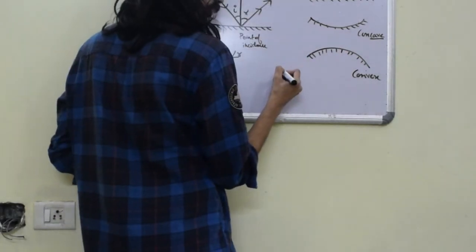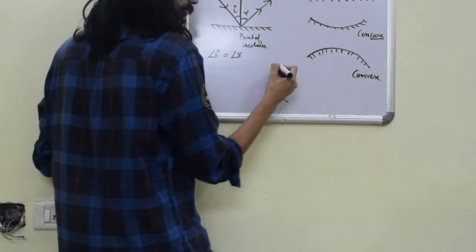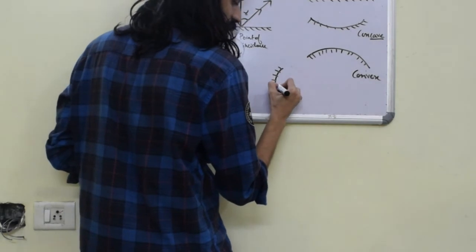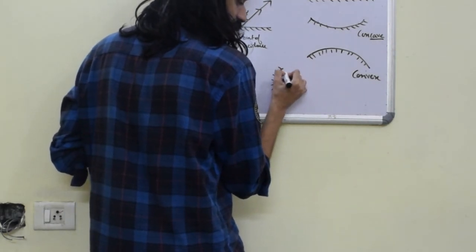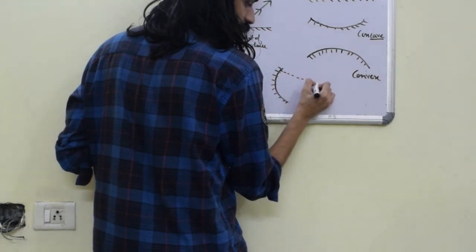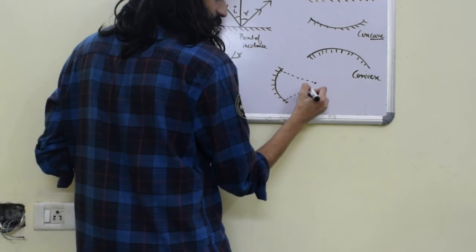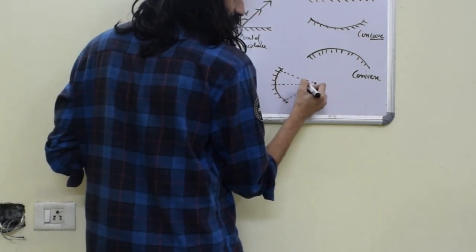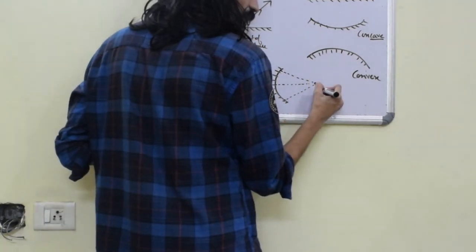So normally we draw a concave mirror like this. We just make it stand up like this, and then I'll say that if I draw a normal here, it will come like this. If I draw a normal here, it's going to come like this and meet at some point. Maybe a normal here comes and meets at this point, something like what we saw.